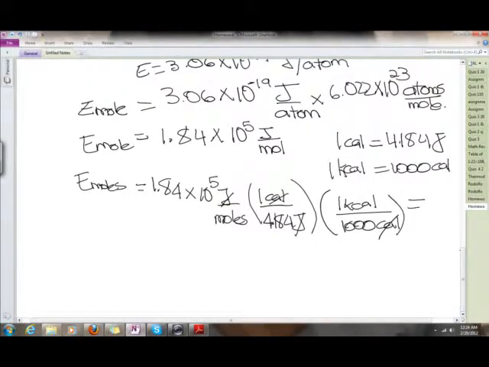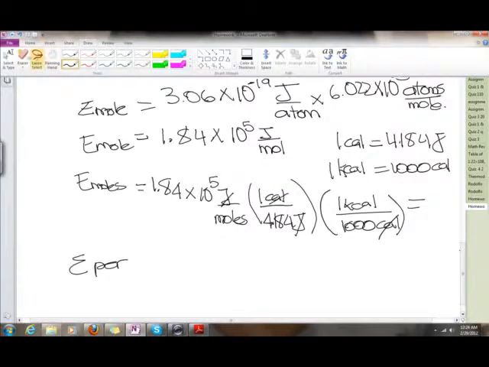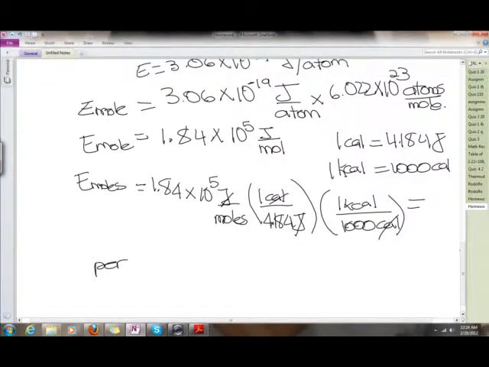So the final result for this energy per mole is going to be equal to 44.0 kilocalories per mole.